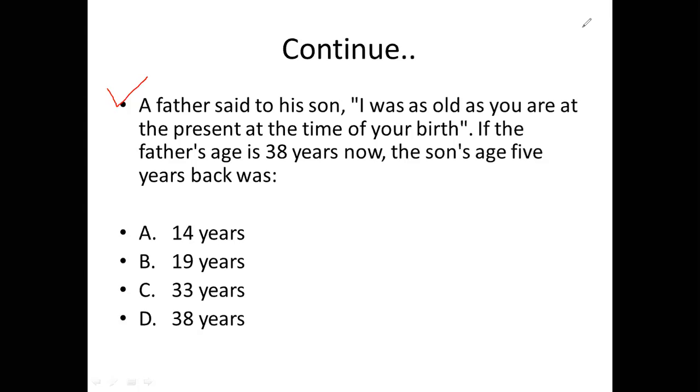Okay. So 19 minus 5, since it's 5 years back, we subtract, obviously. So we get 19. But it is asking the son's age 5 years back, so it will be 19 minus 5. How much will it be?